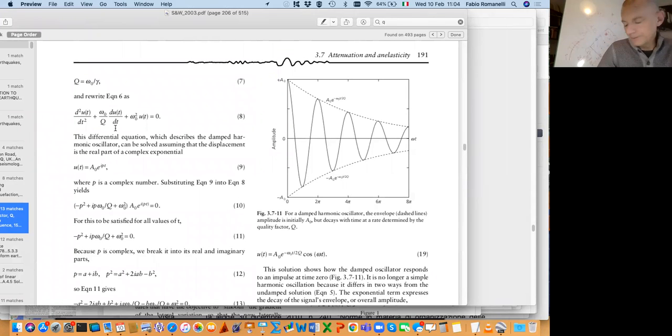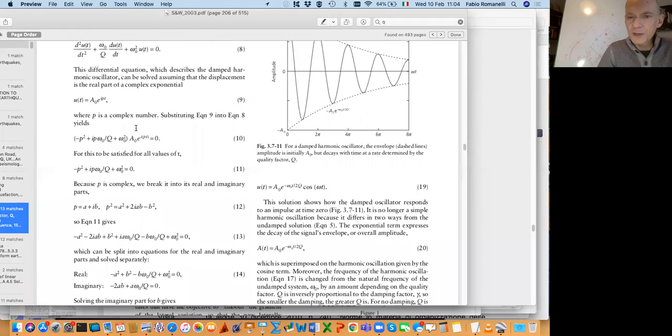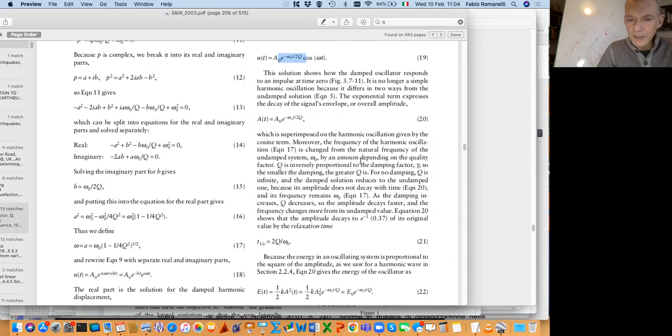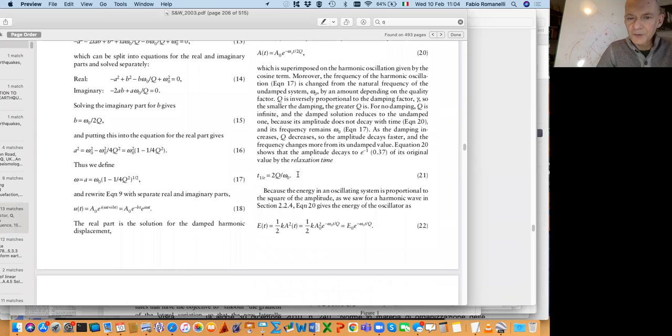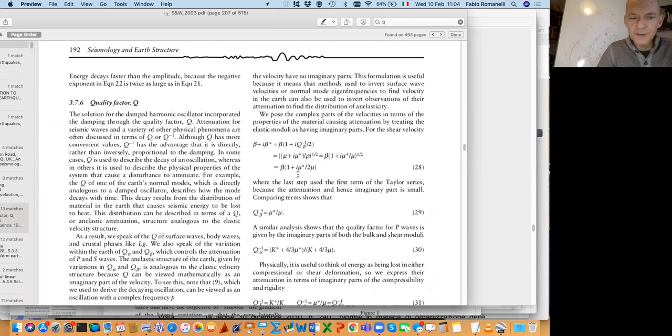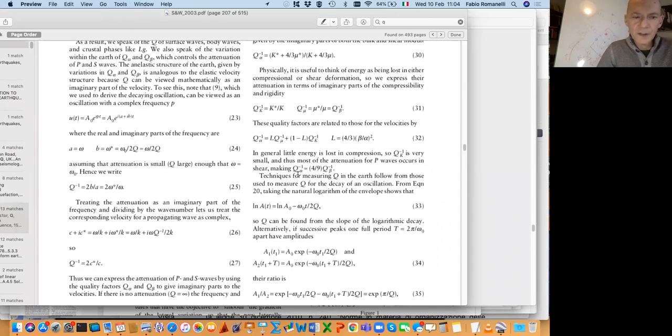The damped oscillator. We consider also the forced oscillator that will reappear in a new fashion in the last lecture when we're going to speak about the response spectra. You should recognize this factor here because we discussed it. It's Q, relaxation time, everything is nice here, and then here you got the solution.